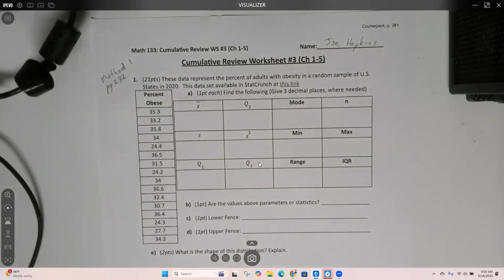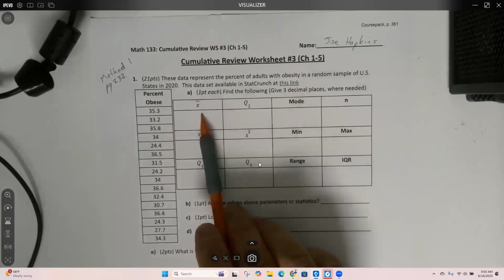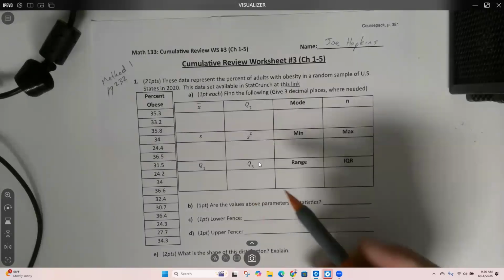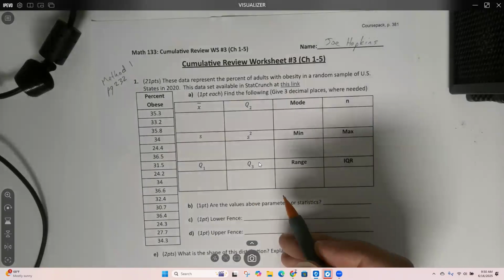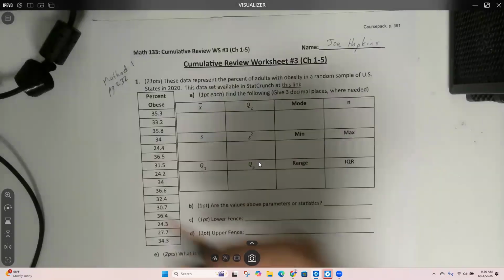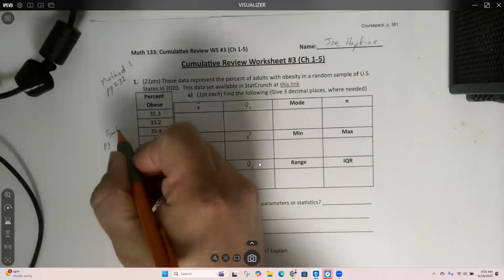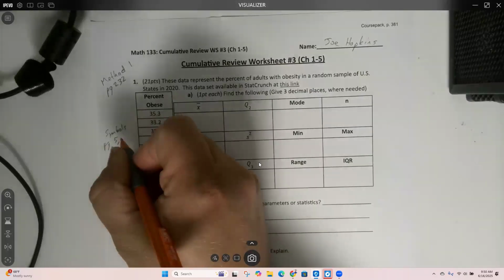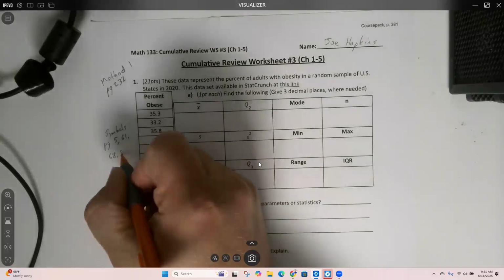And here I've got a bunch of symbols. We talked about these symbols in one of our worksheets before. If you've forgotten what they all mean, you can find them on pages 5, 61, 68, and 83.